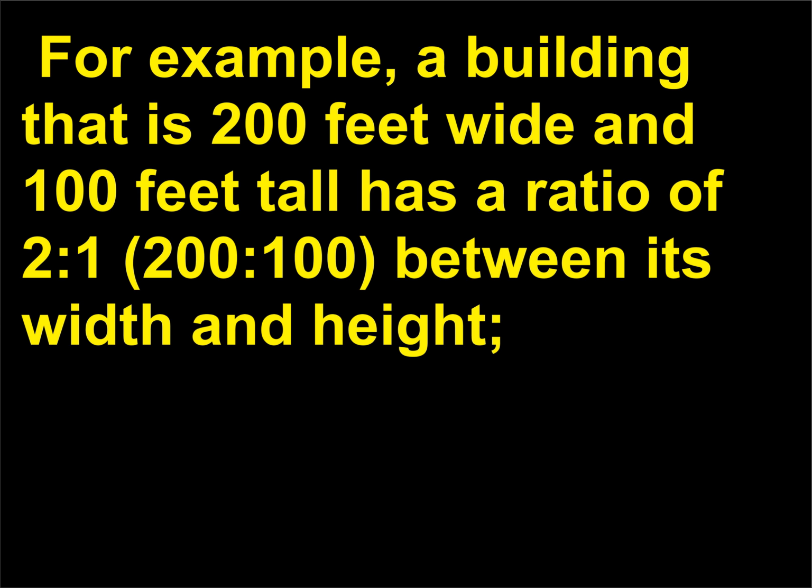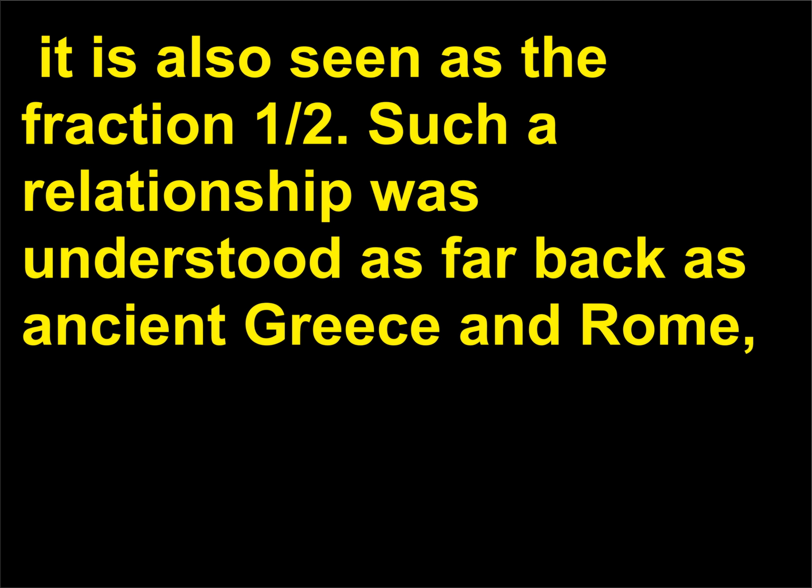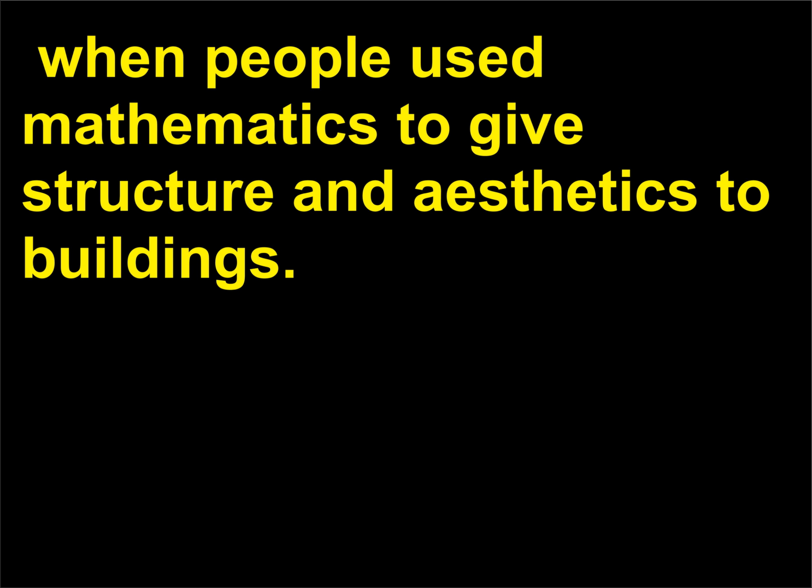For example, a building that is 200 feet wide and 100 feet tall has a ratio of 2:1, 200:100, between its width and height. It is also seen as the fraction 1/2. Such a relationship was understood as far back as ancient Greece and Rome, when people used mathematics to give structure and aesthetics to buildings.